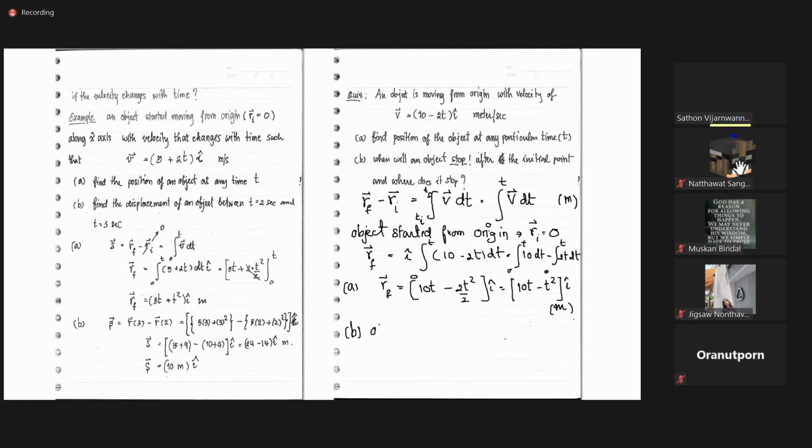So object stop means, what is the meaning of object stop? It means that velocity is 0.